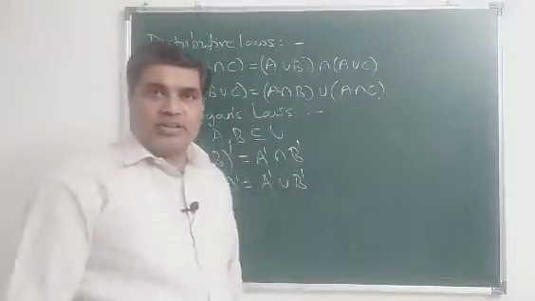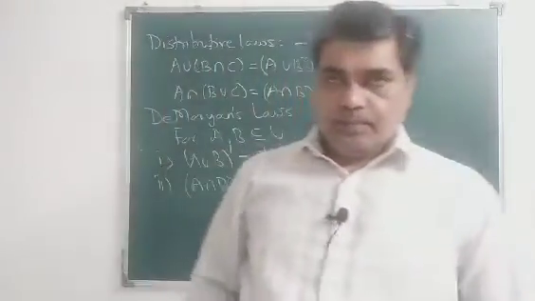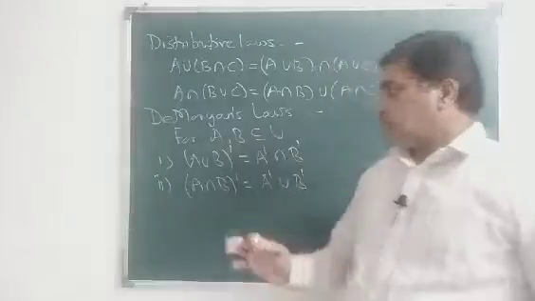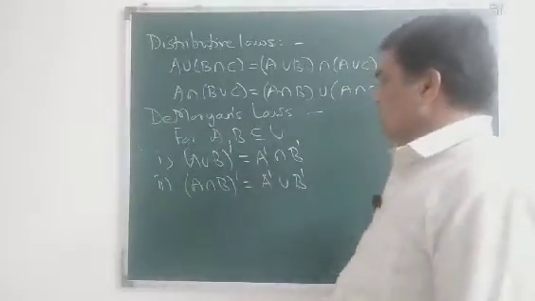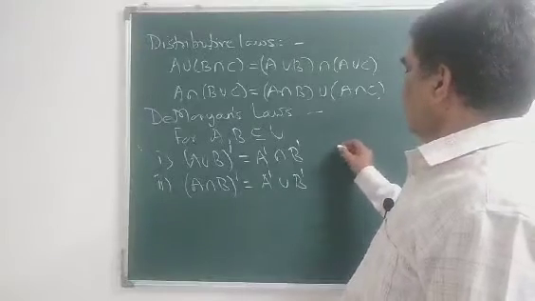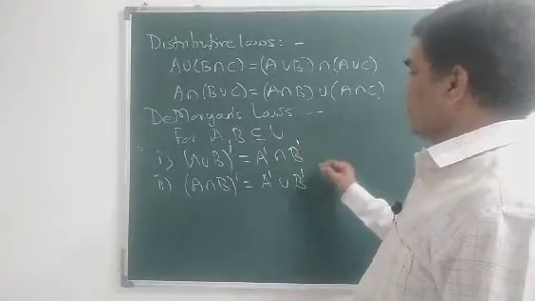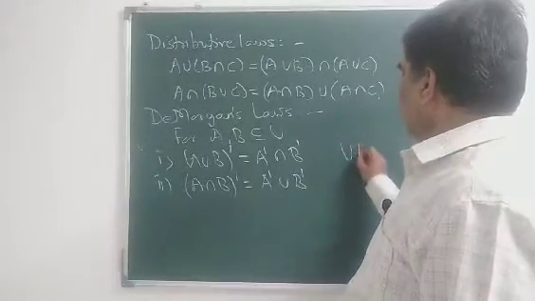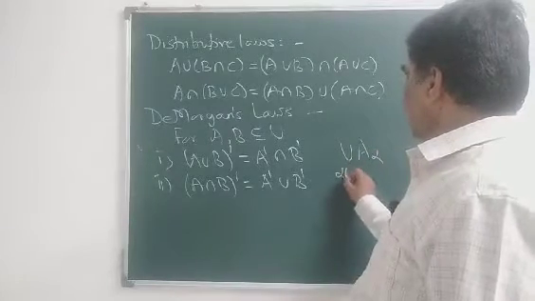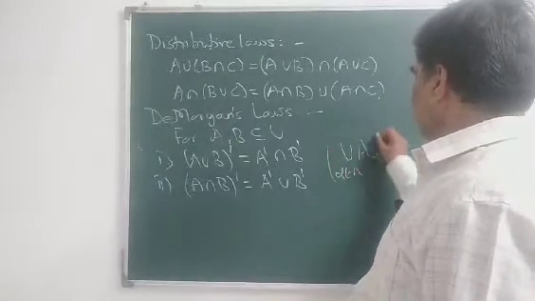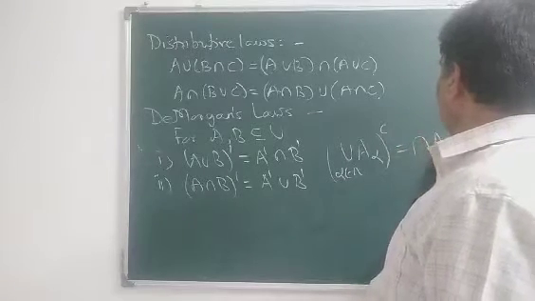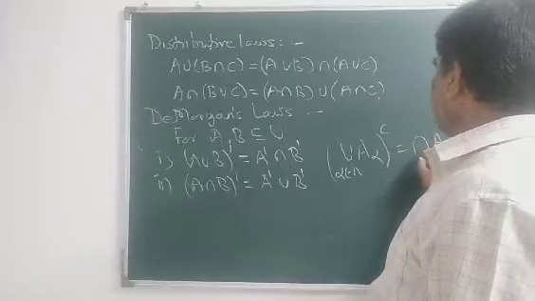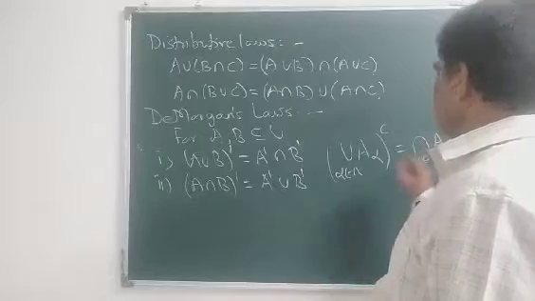I can extend these laws for arbitrary union as well as arbitrary intersection. Means if A alphas are subsets of the universal set, then the complement of the union of A alpha, where alpha is in the index set, is equal to the intersection of A alpha complement, alpha in the index set.